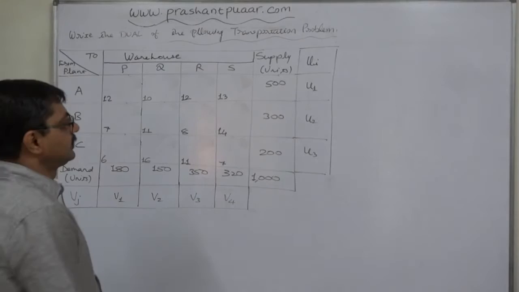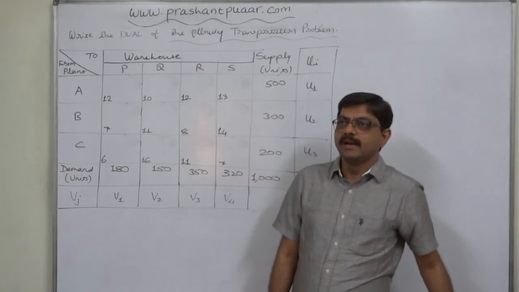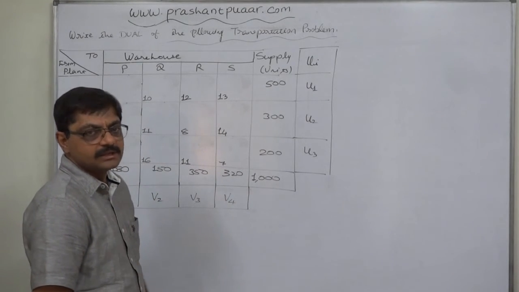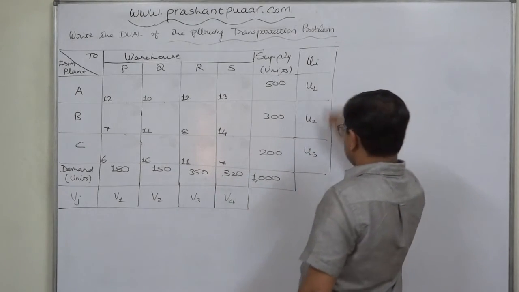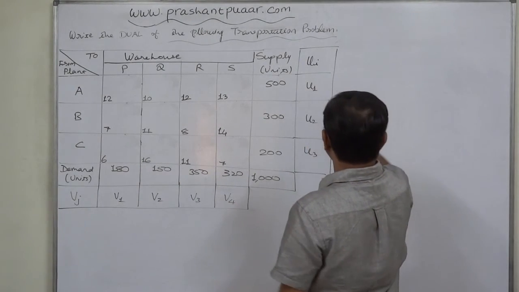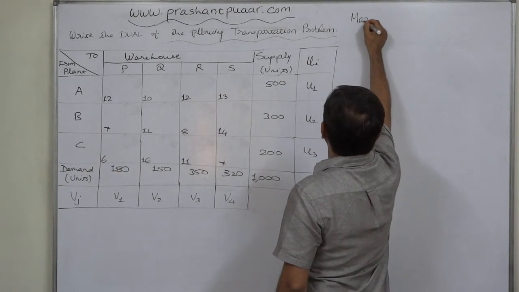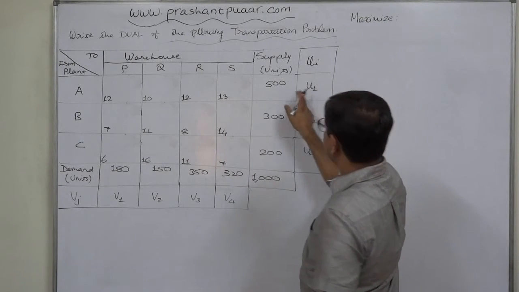Now let us write. We know that the transportation problem is originally a minimization problem. So the dual of a minimization problem is always a maximization problem. But these are the dual variables. Now what is our objective? Maximize. What is to be maximized?